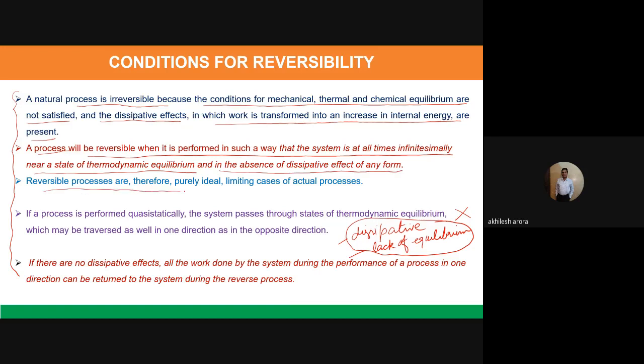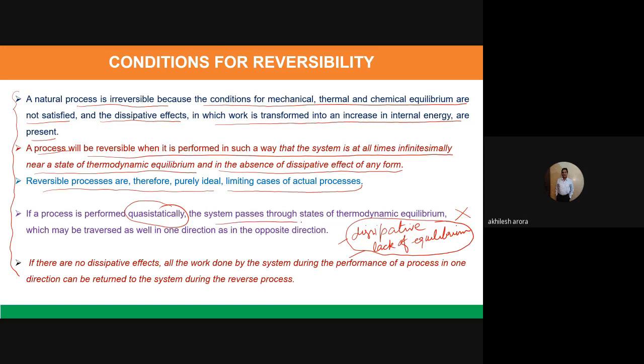Reversible processes are therefore purely ideal limiting cases of actual processes. It means an actual process can never be a reversible process. Only an ideal process can be considered reversible. And a reversible process has to be performed quasi-statically.